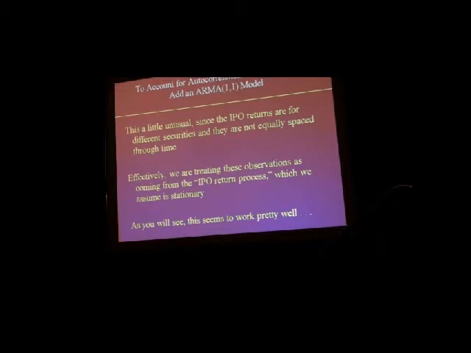So one of the things he taught me, and he taught a lot of people, was that Box-Jenkins ARIMA models were a useful way to model time series behavior in what would essentially be the mean equation. So for lack of better imagination, we decided to take the mean equation model we already had and add to it an ARMA 1-1 model. That is, one autoregressive term, one moving average term.